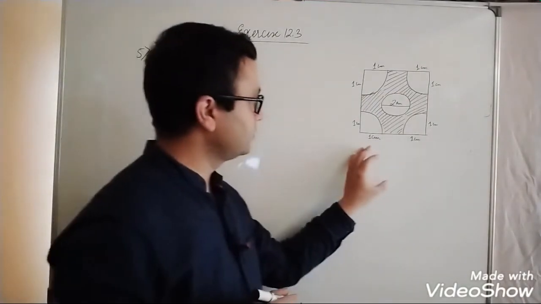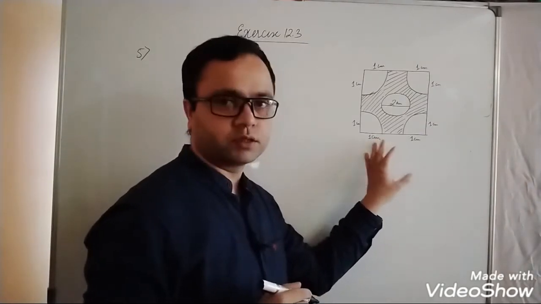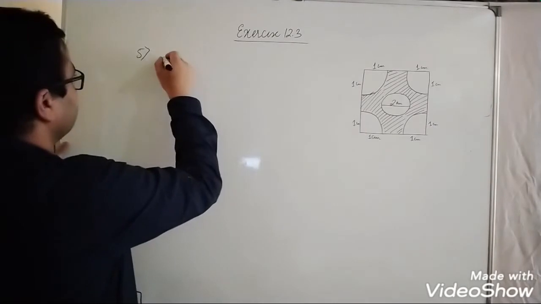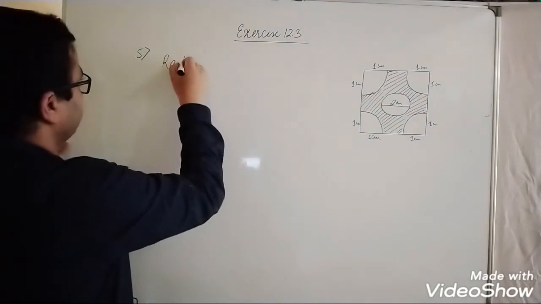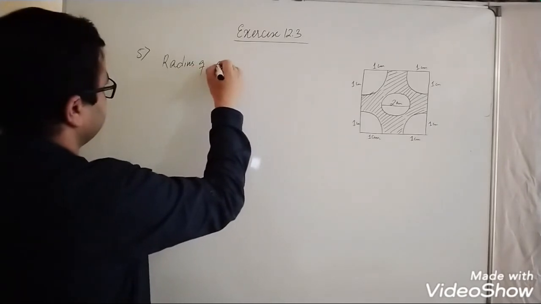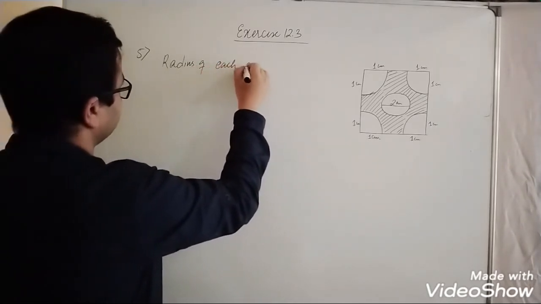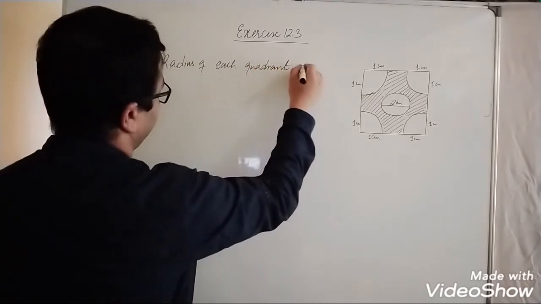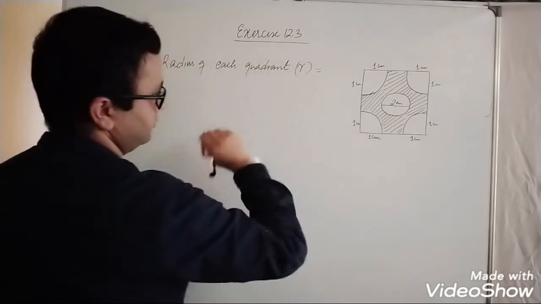Okay, first we have to mention whatever is given in the figure. The radius of each quadrant, r, is 1 centimeter.